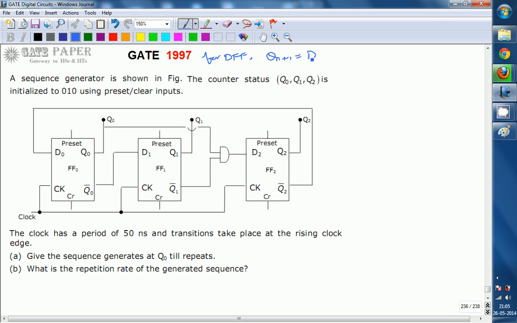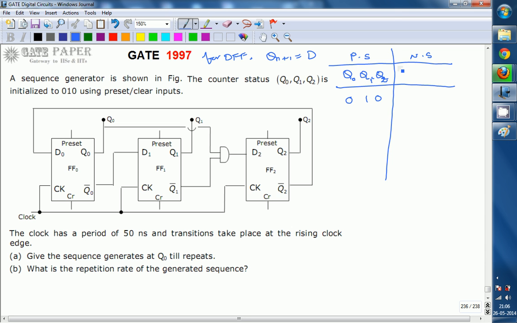Delay flip-flop has come. Based on this, let us write the present state and next state sequence, and the initial state is given. The initial state Q0, Q1, Q2 is given as 0, 1, 0. The sequence generator is initialized to 0, 1, 0 using preset and clear inputs.